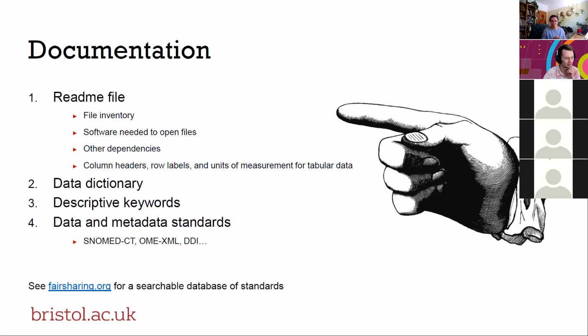So for example, OME-XML is an Open Microscopy Environment standard, which allows microscopy imagery files to be shared across different systems, and keeps all of the metadata associated with how that image was captured in a separate XML file, which, given all the additional information you need in order to make use of those files, is really, really useful.